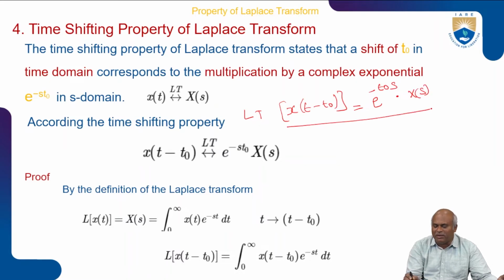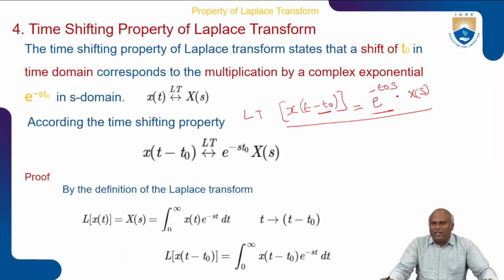This is the statement of the time shifting property of Laplace transform. If you shift by t0 in the time domain at the input, the output of the Laplace transform is multiplied by e power of minus t0 s into X of s. So we need to prove this statement.